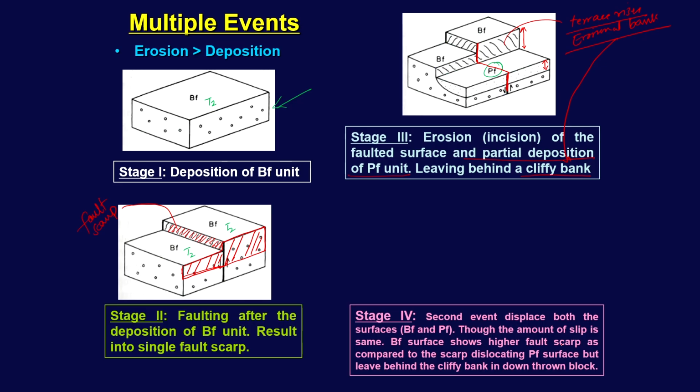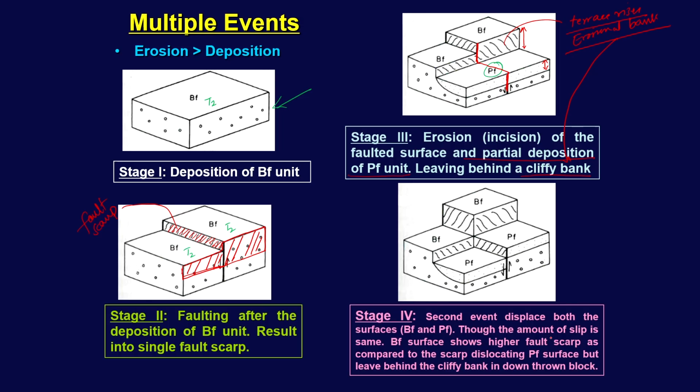Because it has been displaced twice, it will show a higher scarp. So this part is your fault scarp, and here this is your fault scarp. So PF has been displaced once, whereas BF has been displaced twice. And that is the reason why BF will show you a higher scarp.